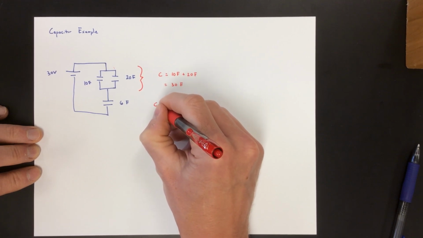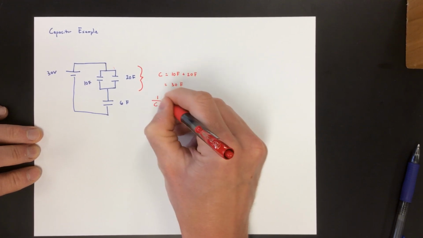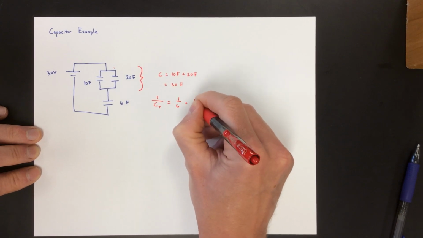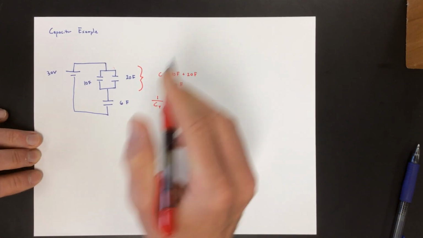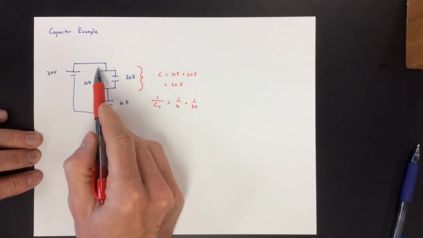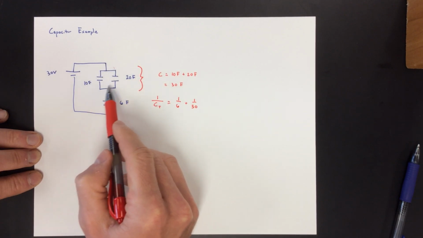So then the total capacitance of the system: 1 over the total capacitance equals 1 over 6 plus 1 over 30. And again, think about these two are in parallel, so they add, so this effective capacitance is a 30 farad capacitor.